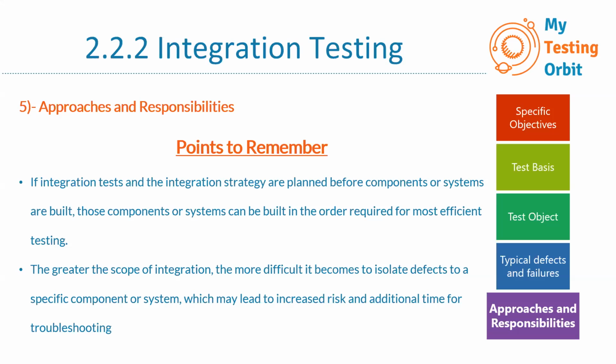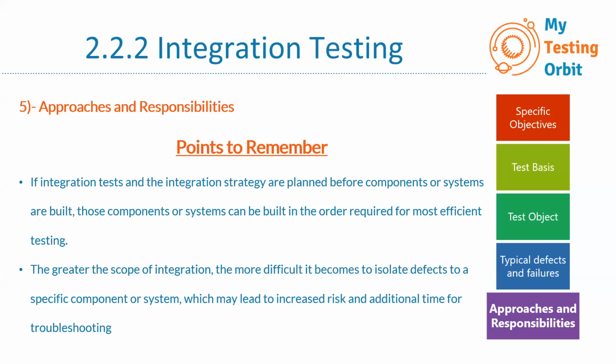If we have multiple components, say component A, B, and C, and we know that these are the components of the system, then we can plan the integration test beforehand. We can define a strategy for integration testing, and based on that, the development can be done in that order and testing can be done in that order as well.